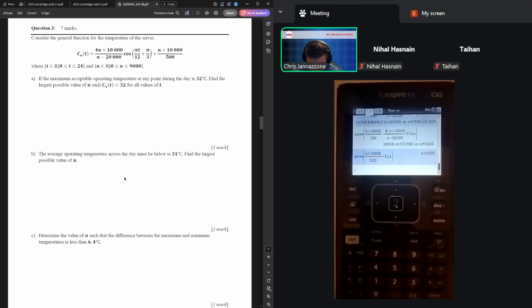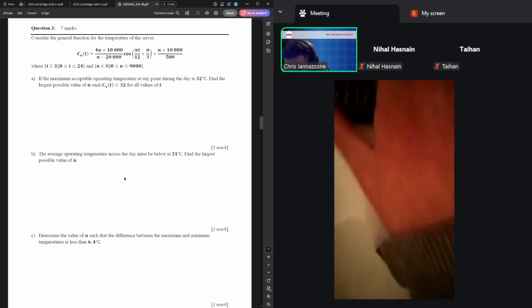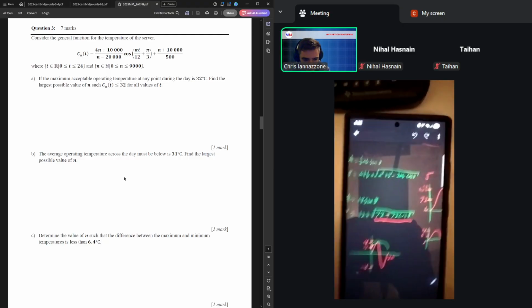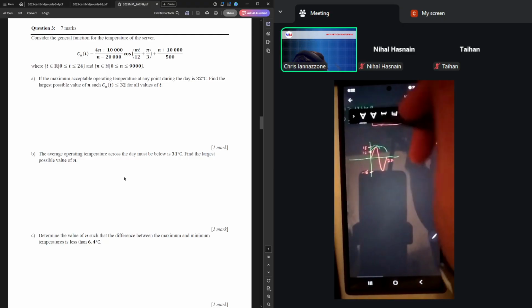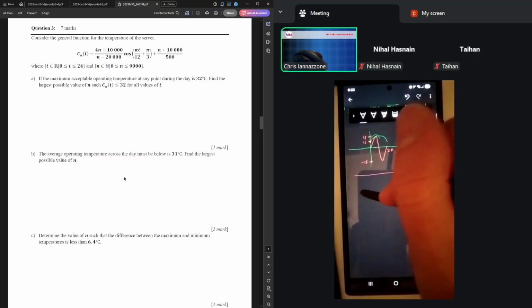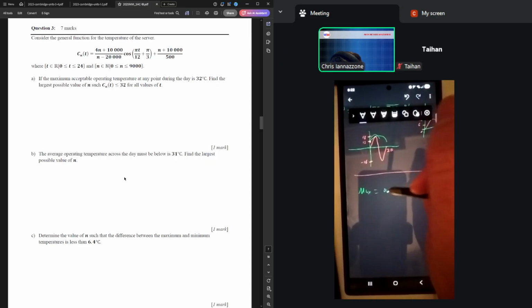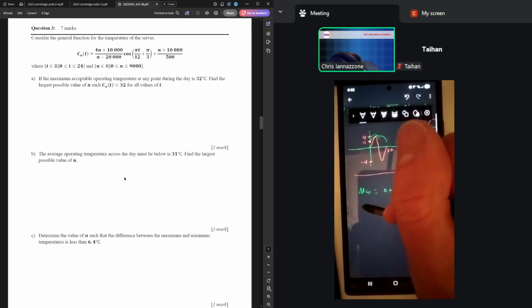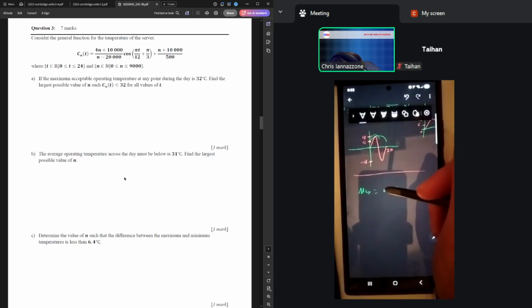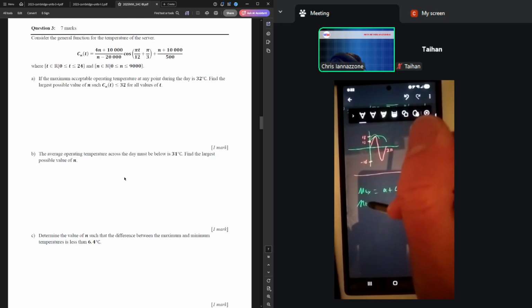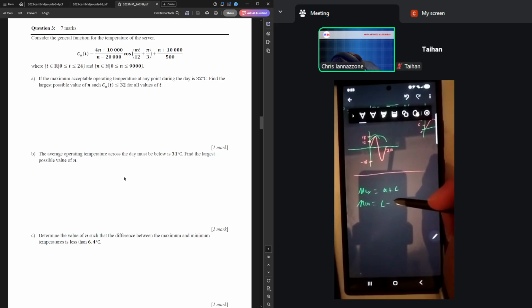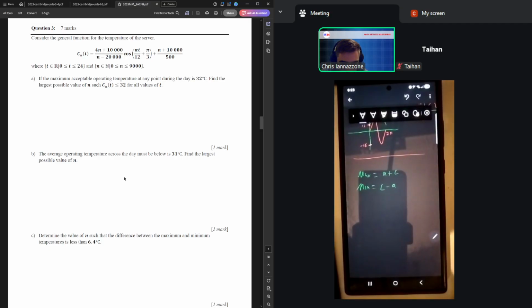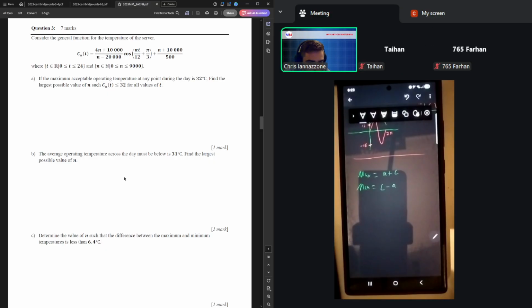Yeah, let's do that. I'm going to pull out the notes just so I can write this out, because it's going to get more confusing to try and do it all in line on the CAS and solve at the same time. So we have max, which is the midline plus the amplitude, and the min, which is the midline minus the amplitude. So I need to get the max equation, the min equation, and do the absolute.